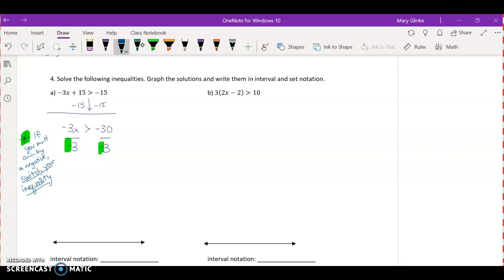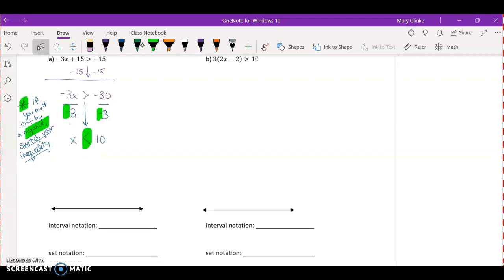So we're dividing here by -3, which means we get x and we get +10. But this greater than here has to become a less than. Okay, so if you are multiplying or dividing, and specifically the number you're dividing by has to be the negative, then you switch your sign.